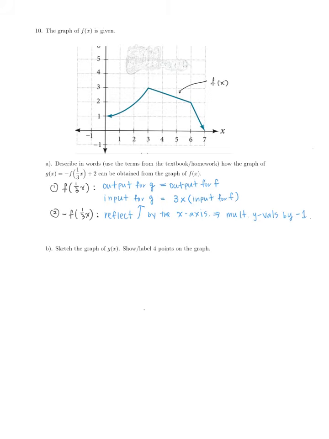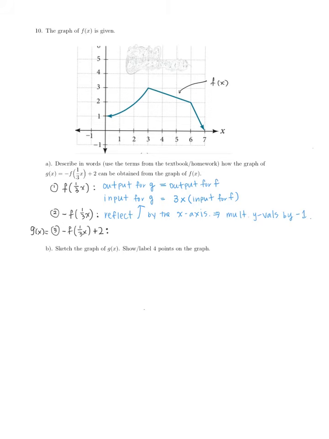Okay, now step 3, let's add the +2 at the end. So you're going to have negative f of 1/3 x and then +2. Let's look at that. This, our number 3, is going to be our g of x actually. So this is going to be our g of x, circle 3.